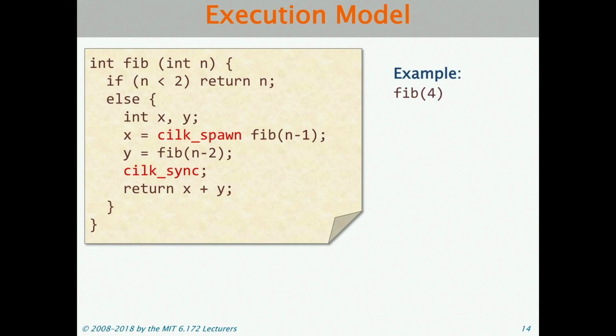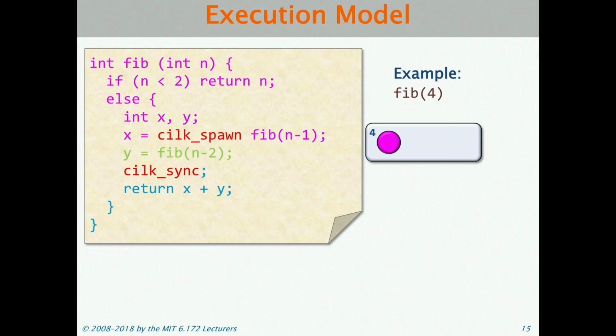Let's now look at what a call to fib of 4 looks like. So here I've color-coded the different lines of code here so that I can refer to them when I'm drawing this computation graph. So now I'm going to draw this computation graph corresponding to how the computation unfolds during execution. So the first thing I'm going to do is I'm going to call fib of 4.